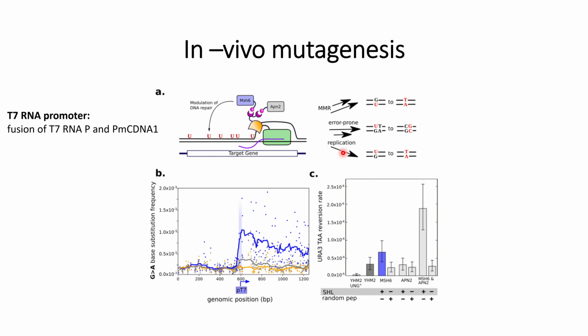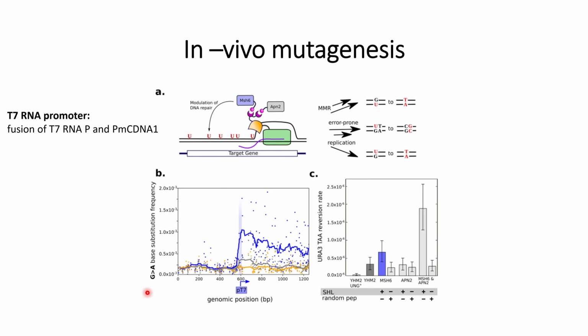Whereas in the case of replication, when the mutation replaces cytosine with uracil, in the replication process the UG will be replaced by TA.